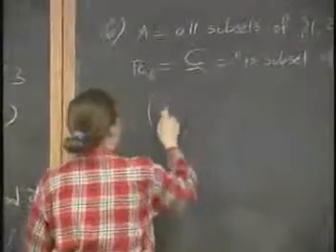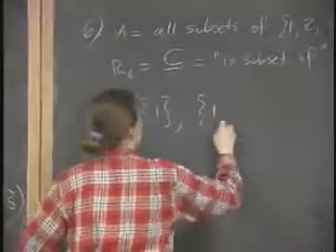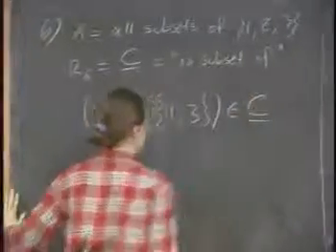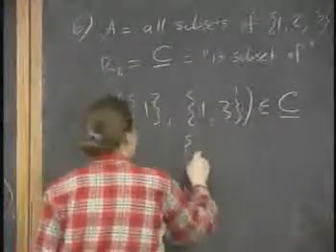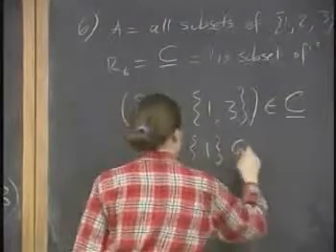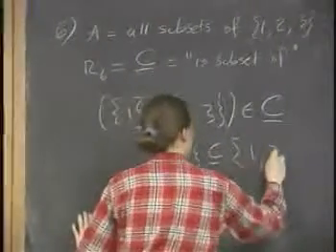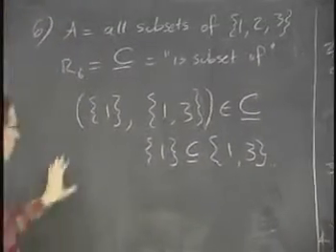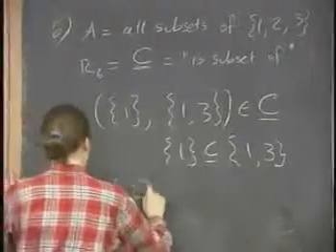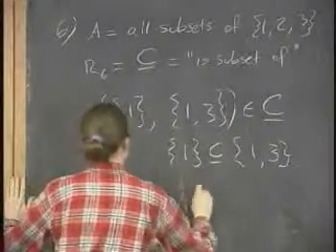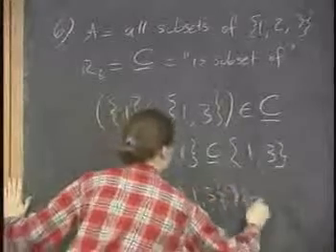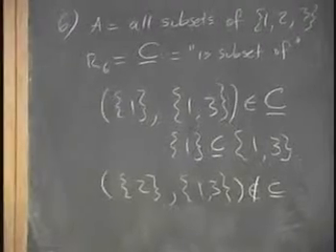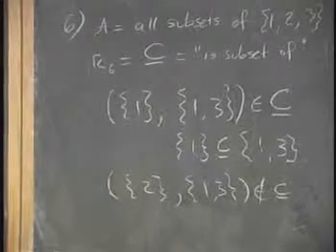So, for example, {1} is a subset of {1, 3}. And the more usual way of writing this, we would say {1} is a subset of {1, 3}. And {2} is not a subset of {1, 3}. But they're all subsets of A.